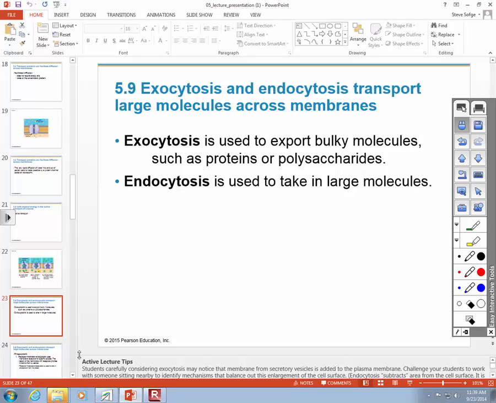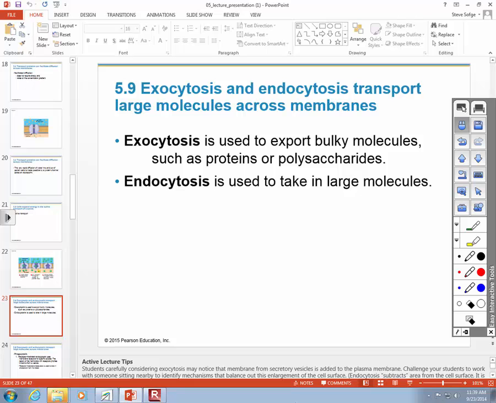Okay, now, if we want to have what they call bulk transport, meaning we're taking in large amounts of something, instead of just transporting a few solutes in, transporting a few solutes out, transporting a little water in, a little water out, then what we need to do is what they call a bulk transport, means transporting large chunks of things.